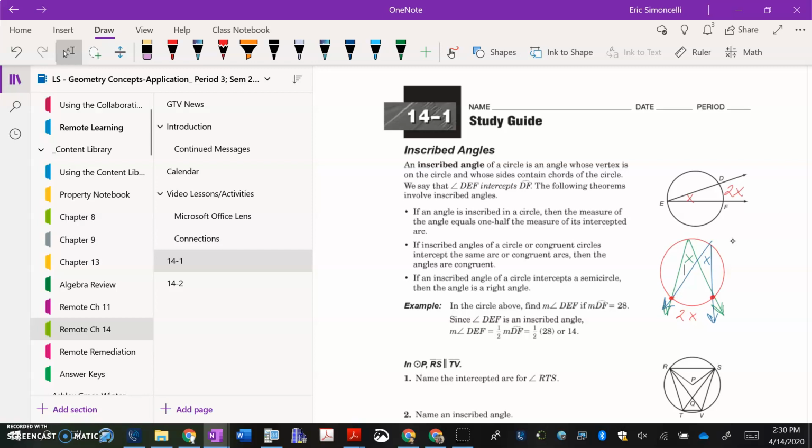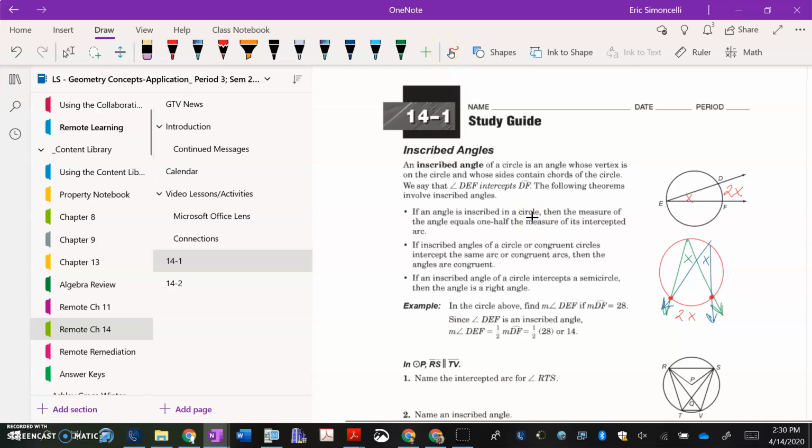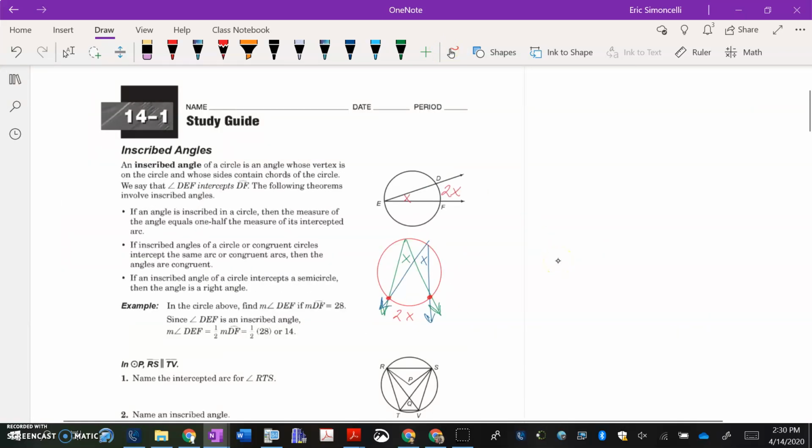Bullet number 3. If an inscribed angle of a circle intercepts a semicircle, then the angle is a right angle. Okay, so for this particular shape, let me go ahead and move this over here. And there's my circle. Let's go ahead and identify now. Again, inscribed angle of a circle intercepts a semicircle.